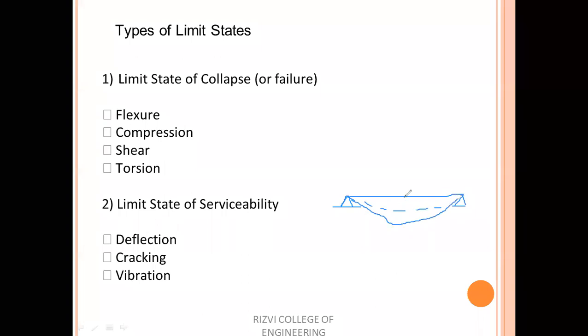So at one point of time, this will become unacceptable. Then we will say that the structure is unserviceable. That is called the limit state of serviceability.